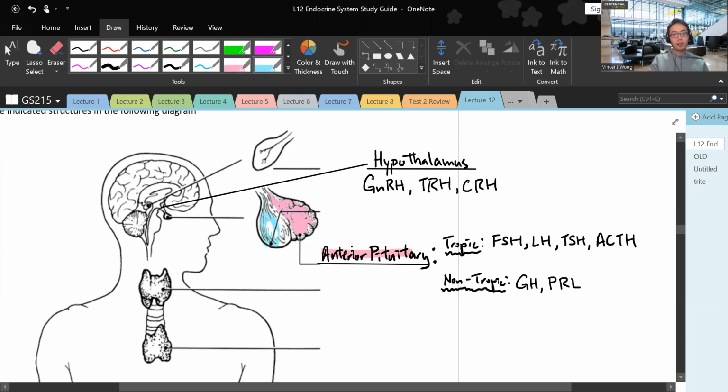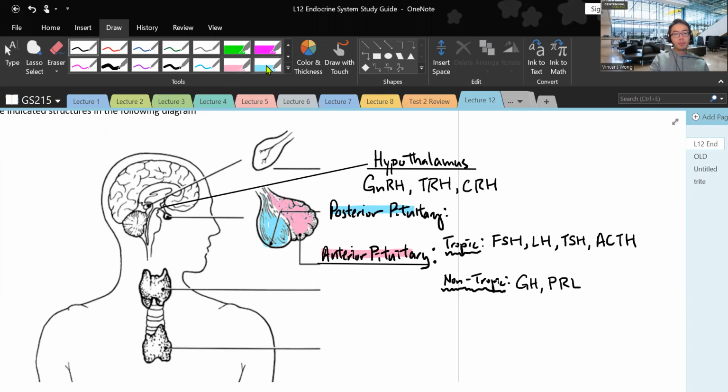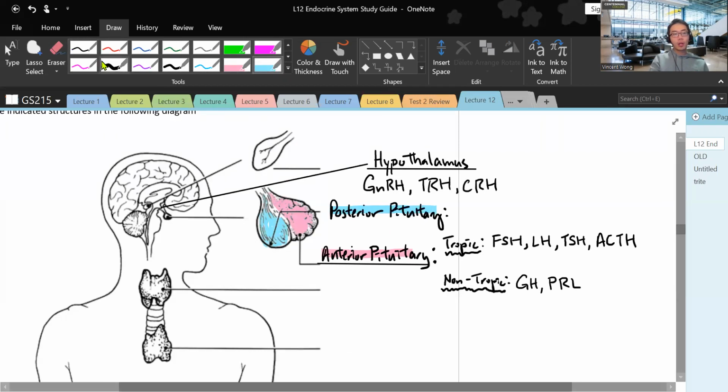And this would be the posterior pituitary gland. Now, the posterior pituitary gland does not produce its own hormone. It stores and releases hormones that are produced from the hypothalamus, which include ADH, antidiuretic hormone, and oxytocin.